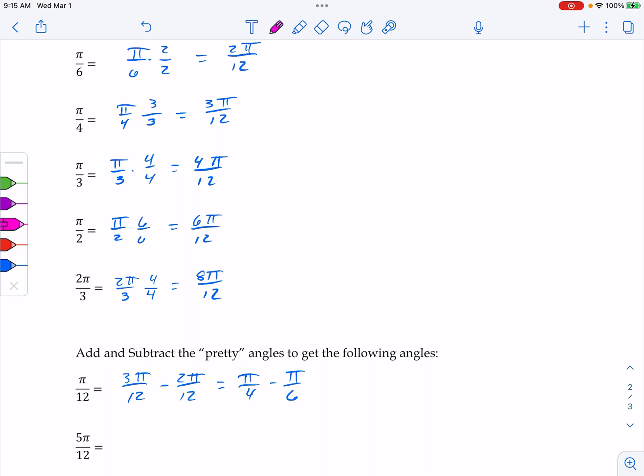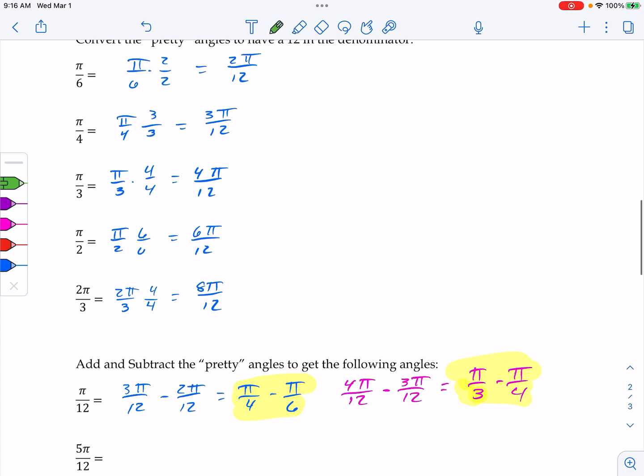My other option is to do 4 pi over 12 minus 3 pi over 12. And that's the same as pi over 3 minus pi over 4. When we do sum and difference identities, there's a difference, here's a difference. And it'll make sense tomorrow when we do the assignment.